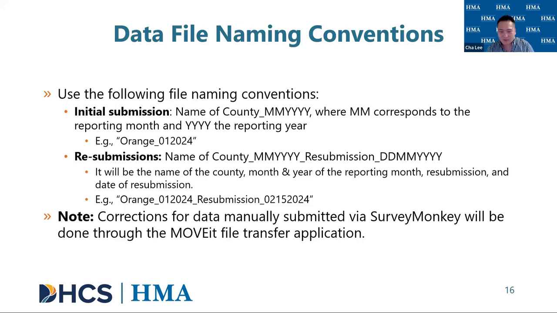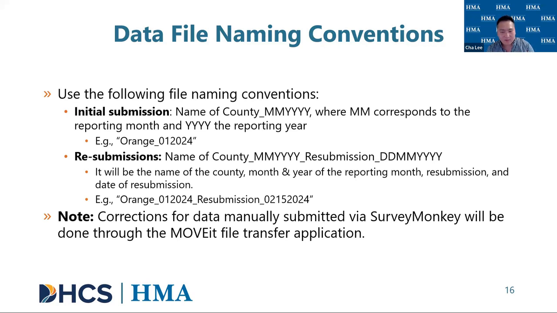And as a very important note, any resubmission for counties that submitted the data through SurveyMonkey will be done through the MOVEit file transfer application. For these counties, the HMA team, for us, we're going to upload the monthly data file through the MOVEit file transfer application.